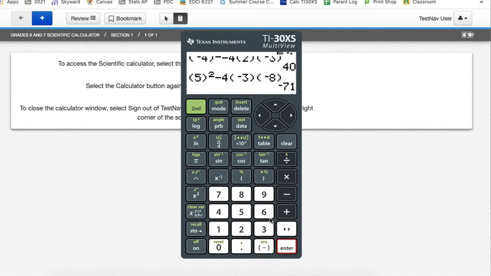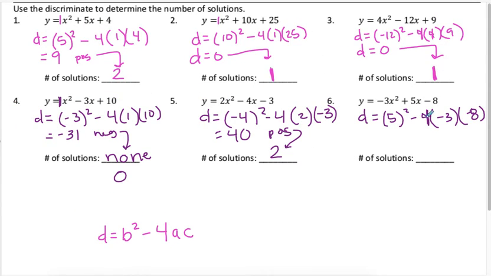Negative 71. If we get a discriminant that's negative, this is going to tell us no solutions, so none or 0 solutions.